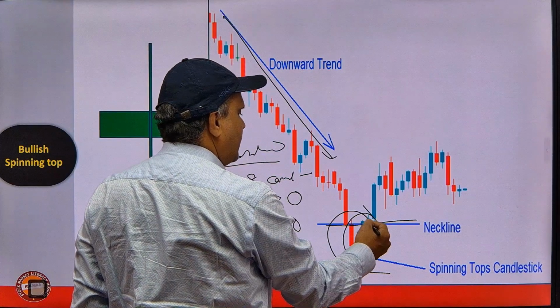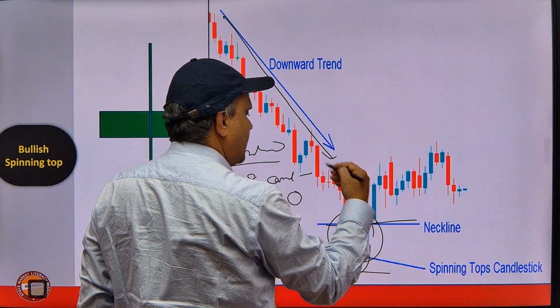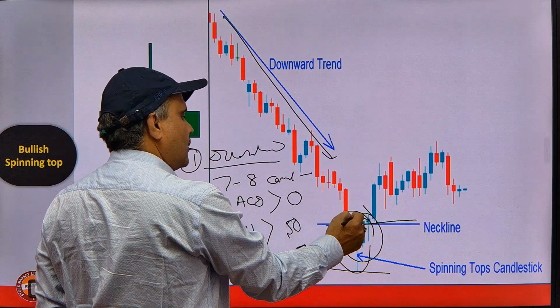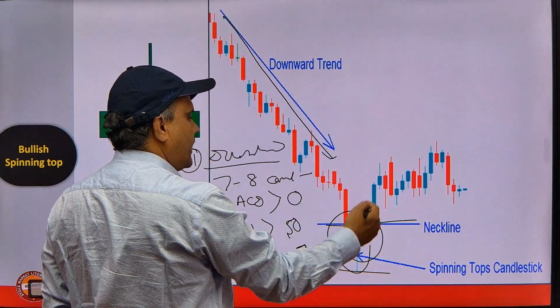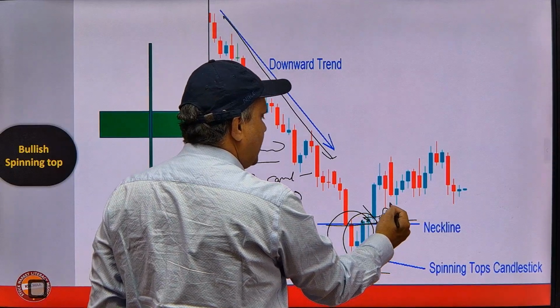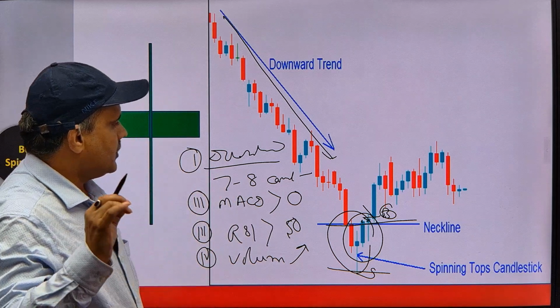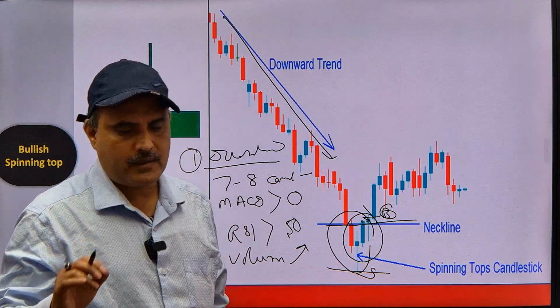When a candle closes above the up line, and the next follow-up candle also closes above, then we are going to buy here, and the low should be the stop loss.